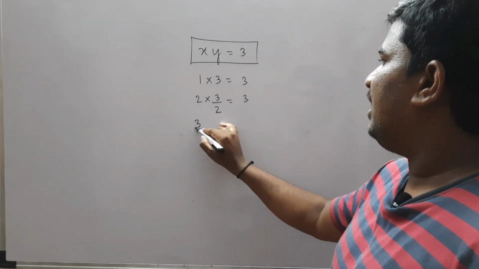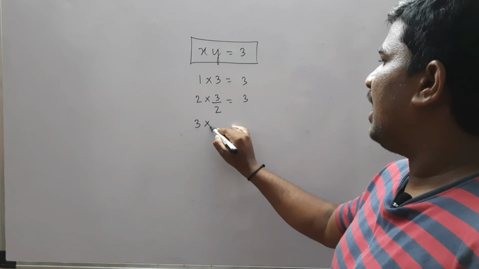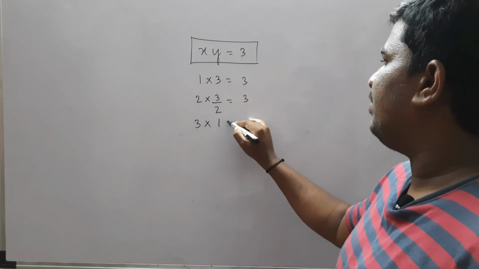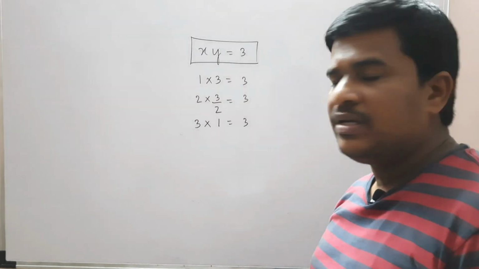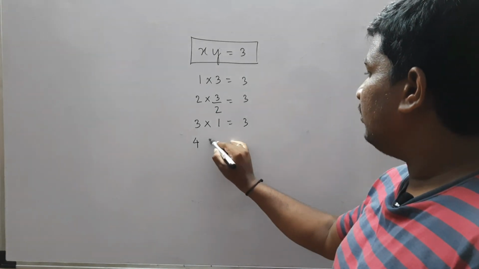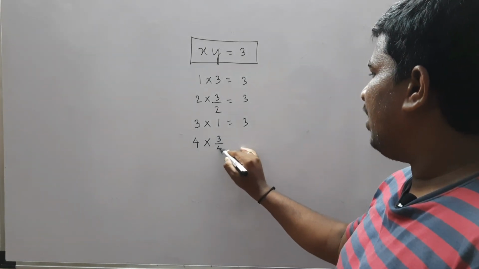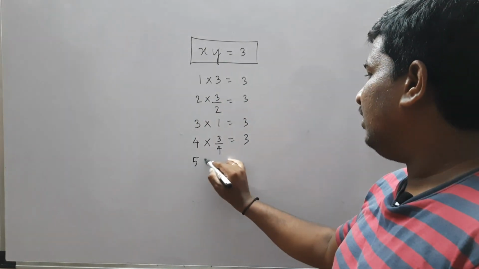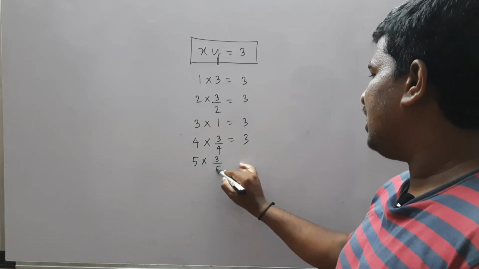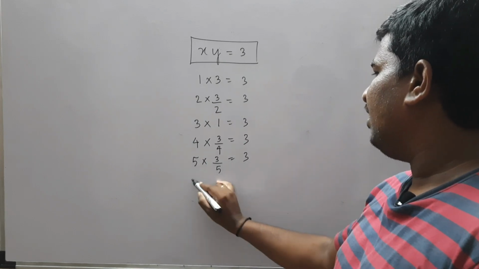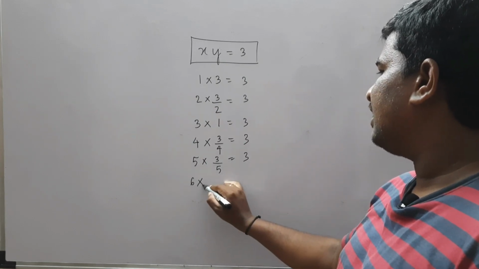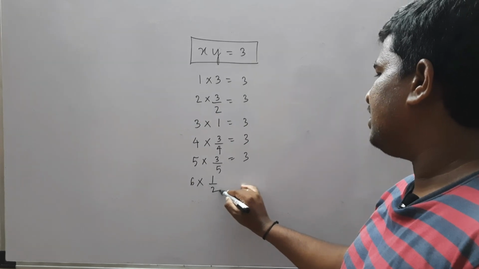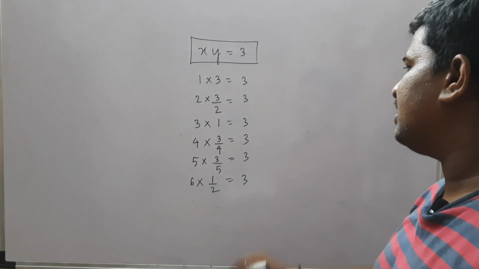If I take 3 as x, y must be 1, so still the product is 3. If I take 4, it will be 3 by 4. If I take 5, this must be 3 by 5. If I take 6, I should take 3 by 6, of course that is 1 by 2, still the product is 3.